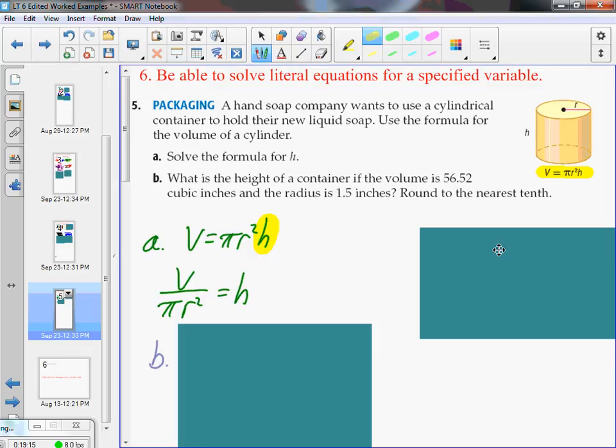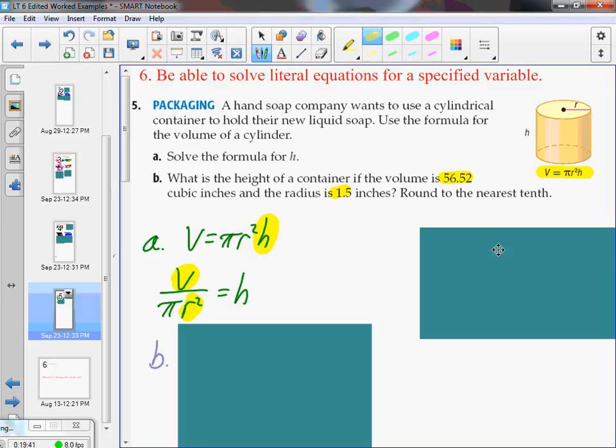Now, why would I do that? Because what they give me then is a volume to replace the V and a radius to replace the r. And that way, since I've already solved it for h, all I have to do is substitute those numbers in for those letters and simplify.